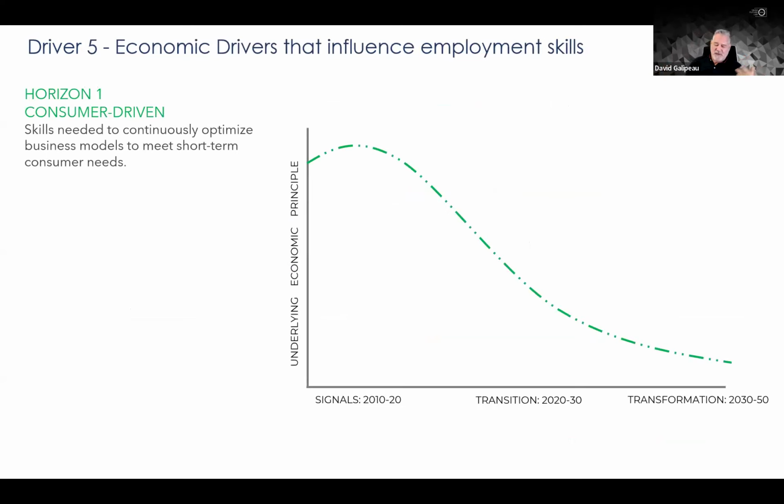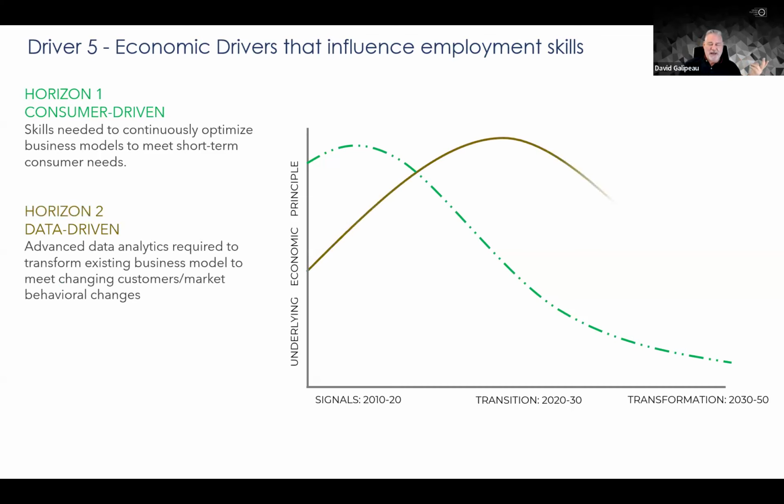If you look at the three horizon standard, the first horizon, if you look at the X and Y axis, is the underlying economic principle versus where we are right now, the transition time, and then moving into 2030 and beyond. Right now, the signals are really starting to shift away from consumer-driven economic models towards data-driven economic models.